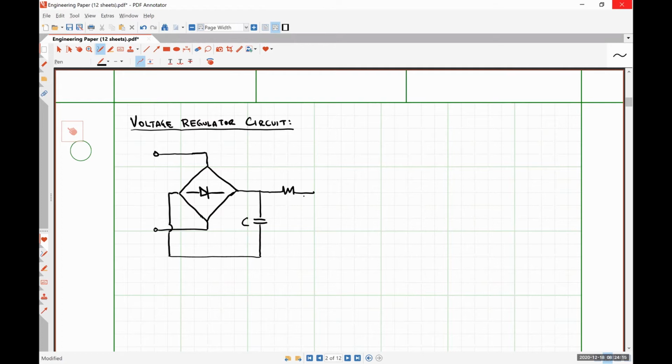Here's a resistor. And then what we would do is we would put in a Zener diode. And this is the symbol for a Zener diode. And connect this to our load. Like so.